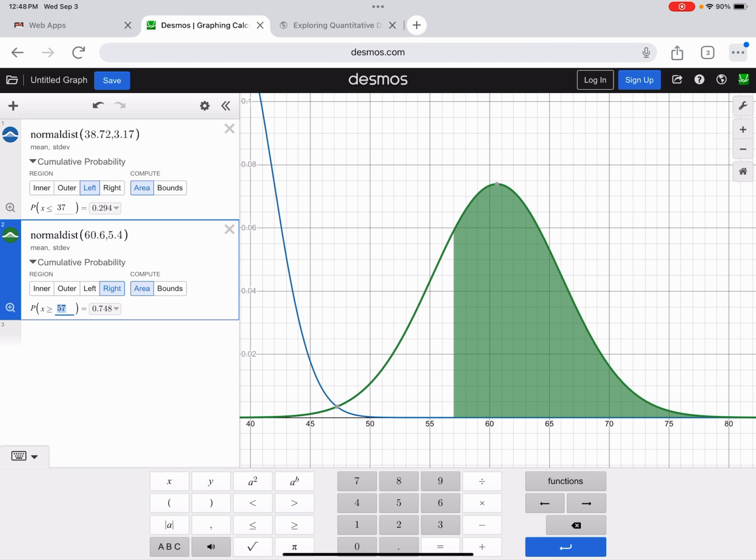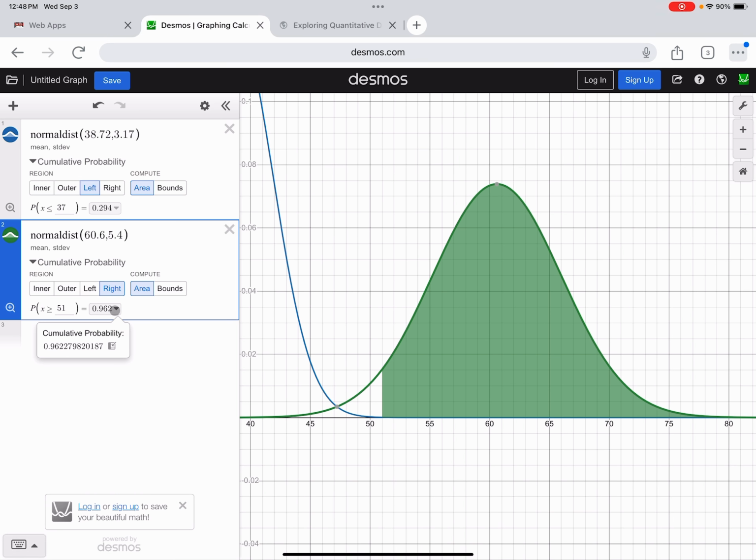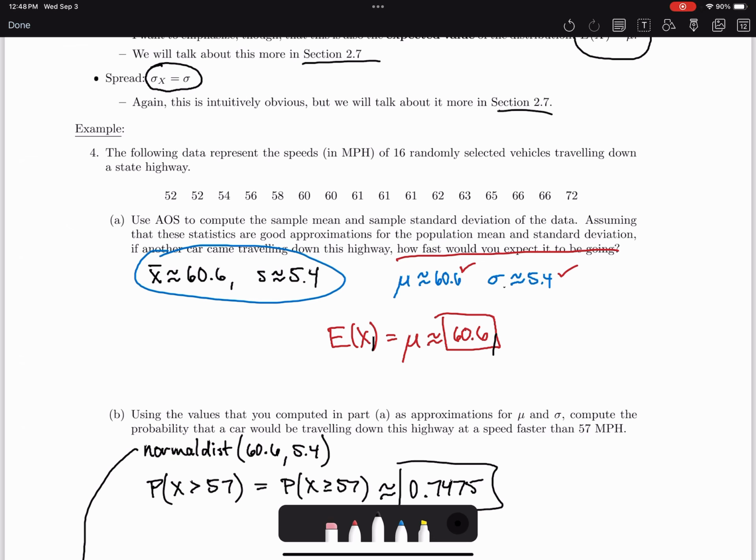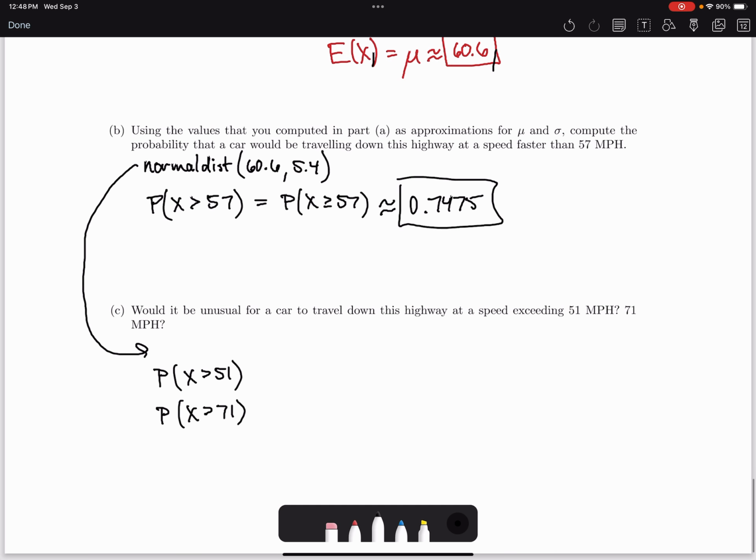So I want the probability x is greater than 51. That's not unusual at all. In fact, that's almost guaranteed. There's over a 96% chance that this will happen, so 0.9623. Well, is that less than 0.05?